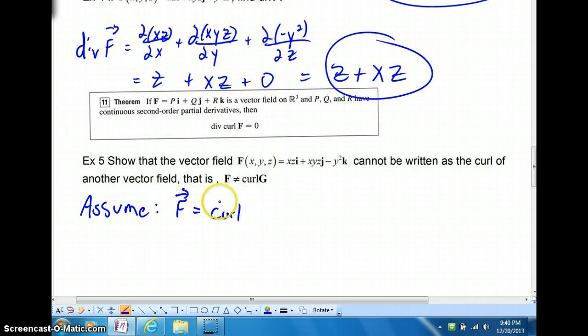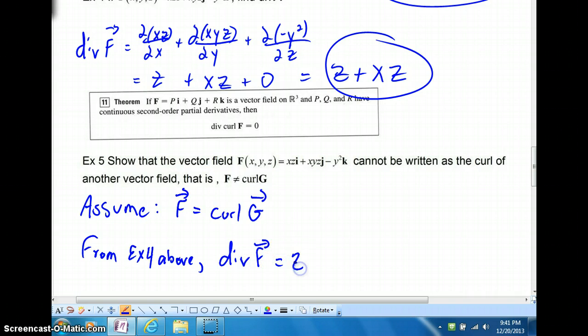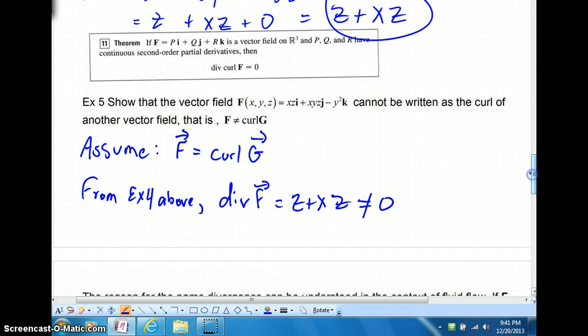We could assume for a moment that it was true. Let's just say that vector field f is the curl of some other vector field g. Well, we can say from example 4 above, the divergence of vector field f was equal to z plus xz, which clearly is not always going to equal 0. Here's the thing.